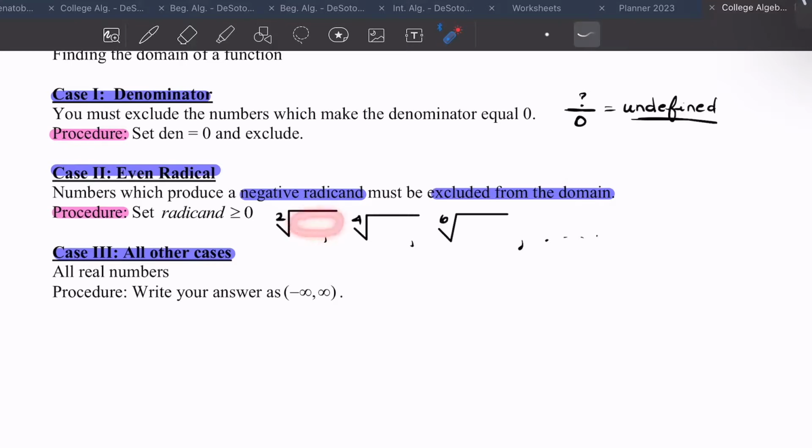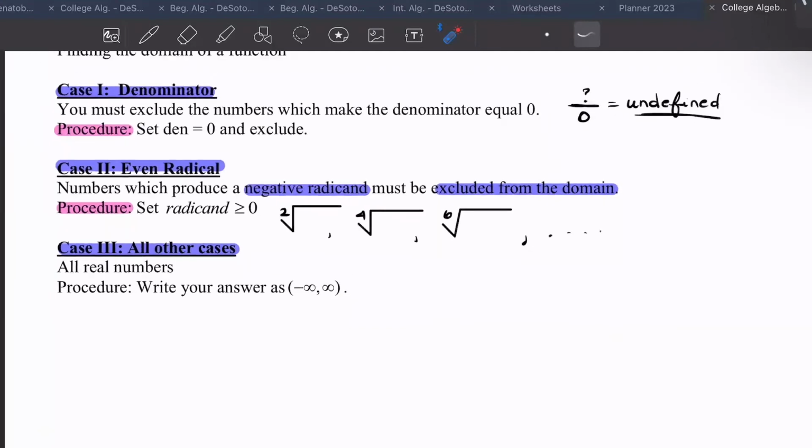So if you had x plus 3 inside here, you would set x plus 3 greater than or equal to 0. And what you would find is the interval of numbers that make all of your radicands positive.